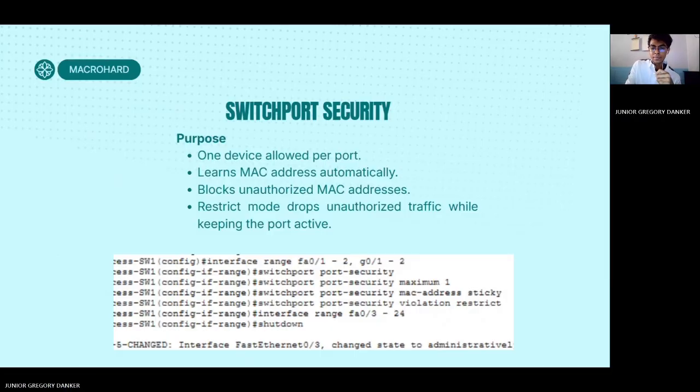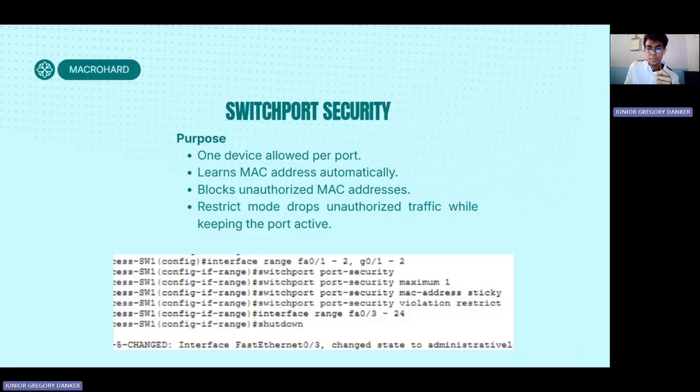To configure switch port security, we use the range command on ports that are active, and we enable switchport port-security. We also put a maximum of 1 to allow only 1 device per port. We use MAC address sticky so that the switch will learn the MAC address dynamically without manual configuration.